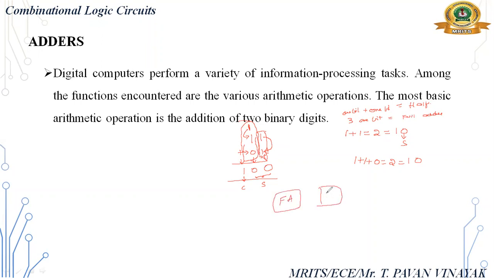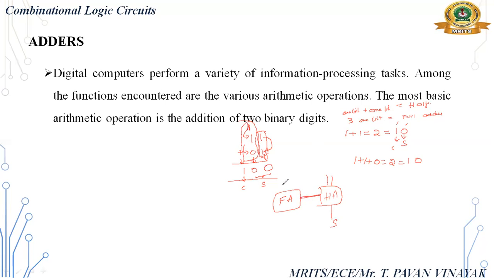For the half adder, you give two inputs and you get two outputs, sum and carry. This carry is given to the full adder.